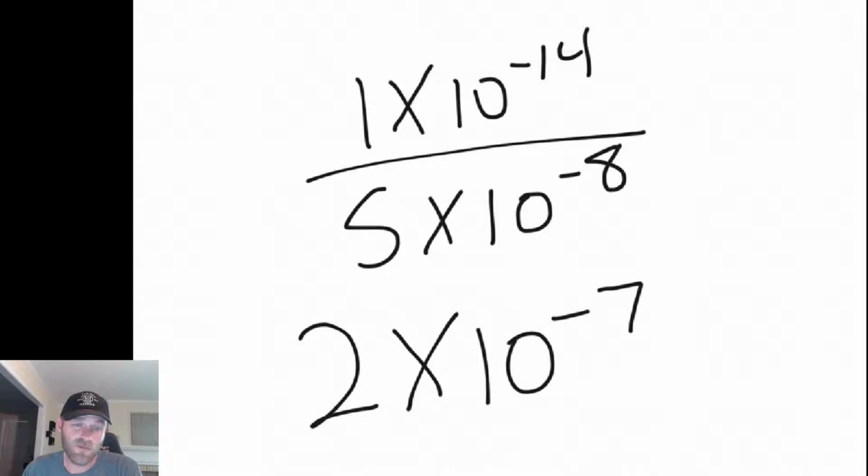So 10 raised to the power of negative 6.69897. Okay, you see 2 times 10 to the negative 7. So if they give you the pH, it's pretty much just 10 to the negative pH, and that's the inverse log of pH. That's how to use inverse log to get the concentration. All right.